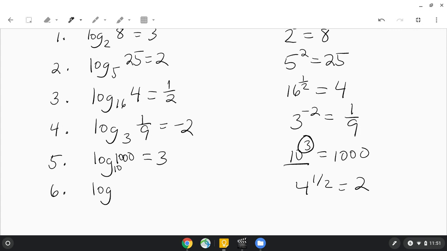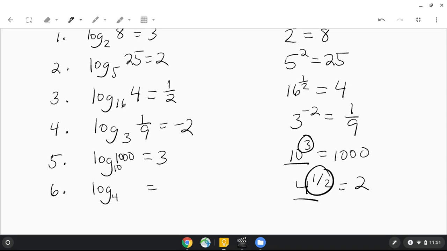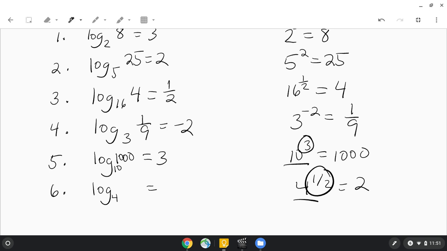So the base here will be 4. The exponent, which is 1/2, will go on the outside, and the 2 will go on the inside. See how that works?